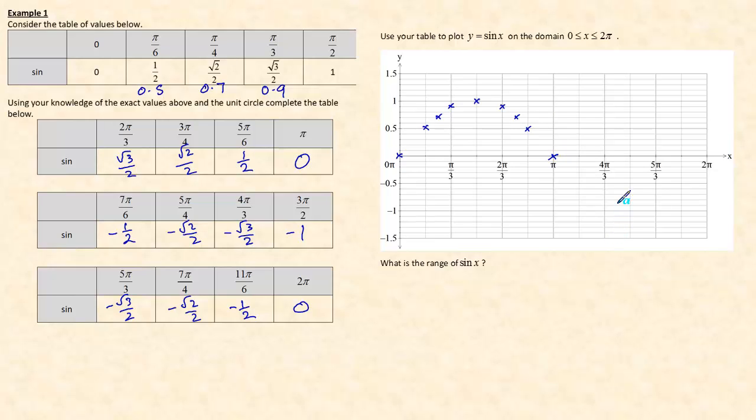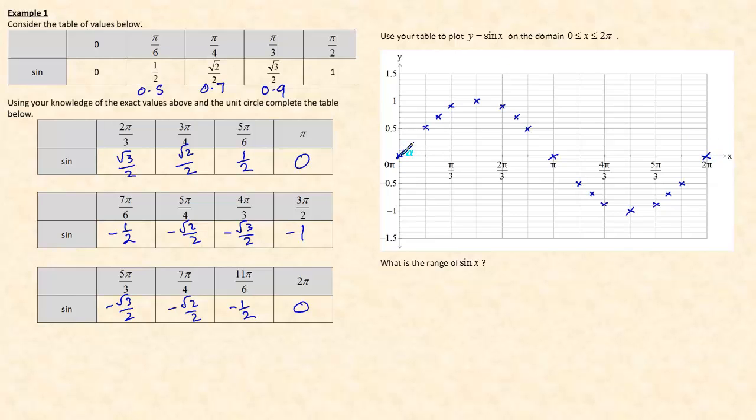then pi, and so this one's going to be negative 0.5, and then in the gap here we're going to have negative 0.7, just here, and then we'll have negative 0.9, then negative 1, coming back up, we've got here, here, here, and finally here.